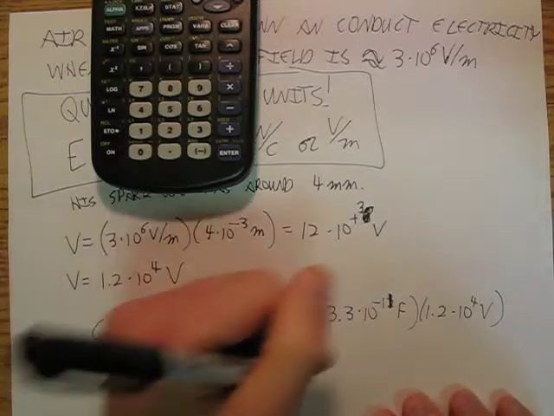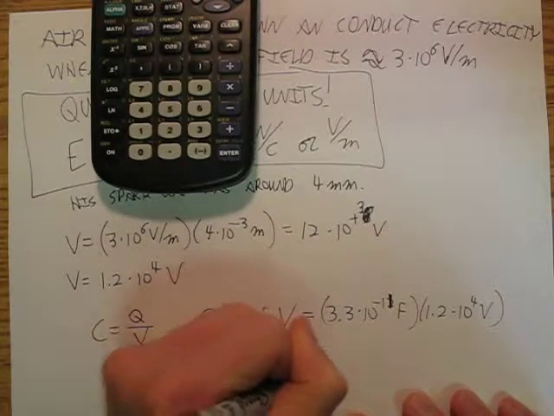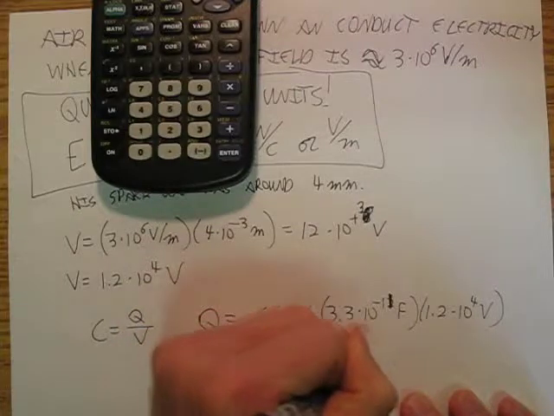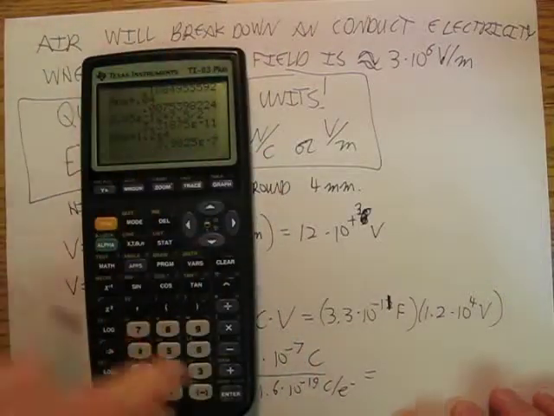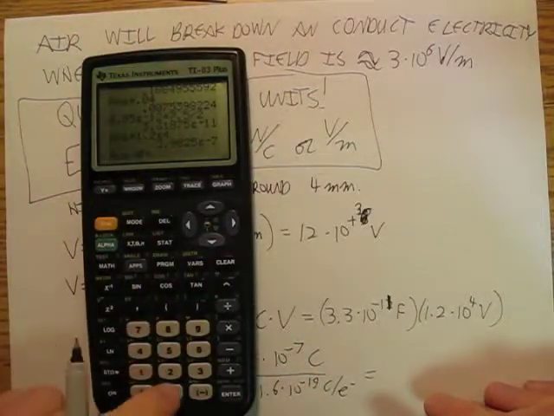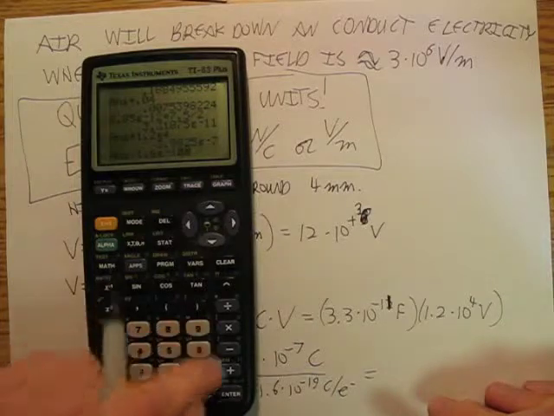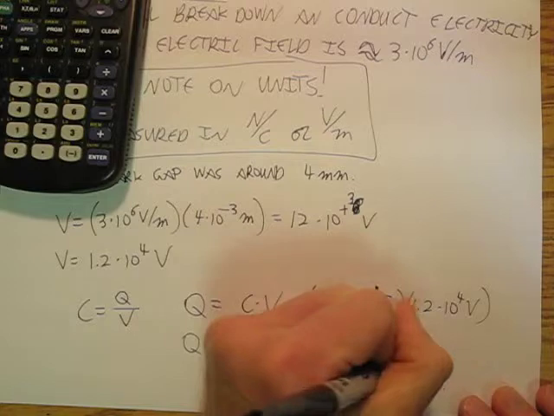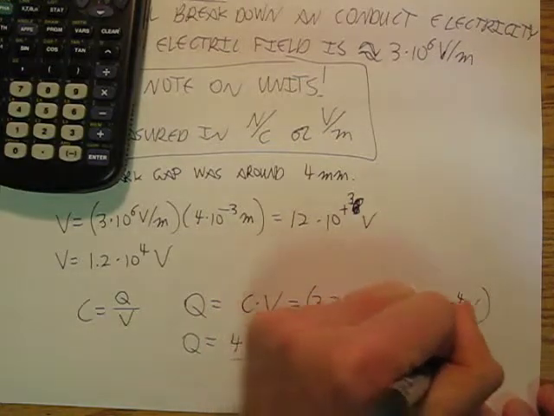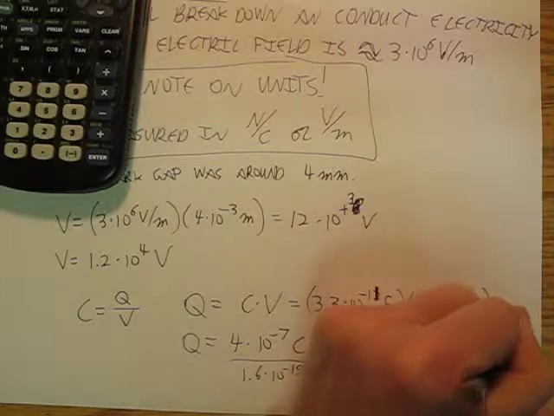Then we divide that by 1.6 times 10 to the negative 19th coulombs per electron, which gives about 2.5 times 10 to the 12th electrons.